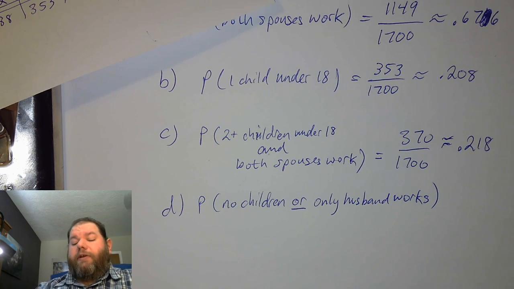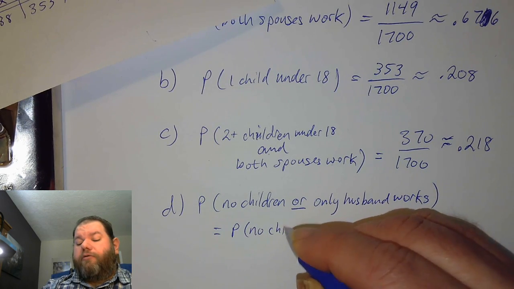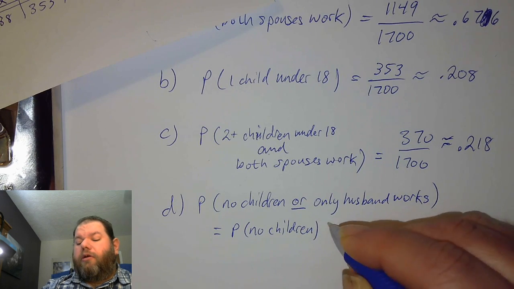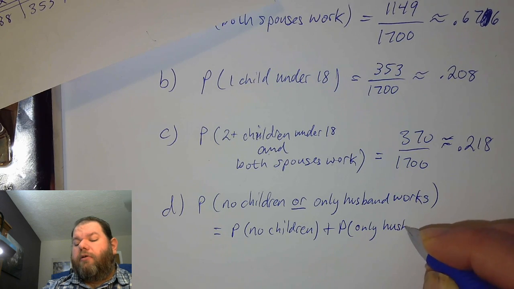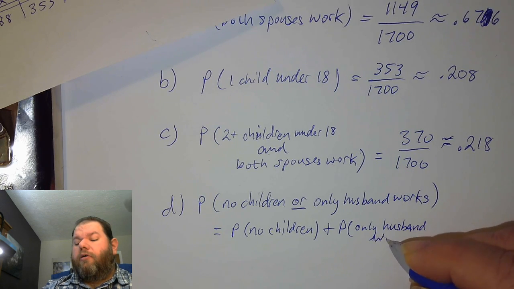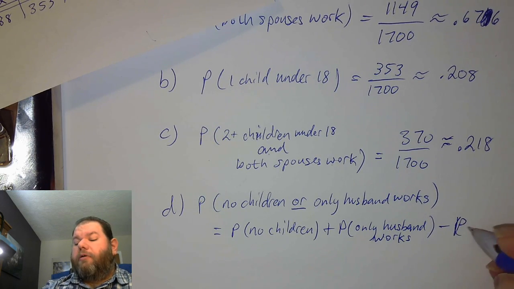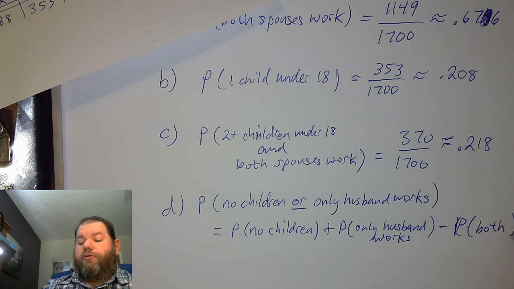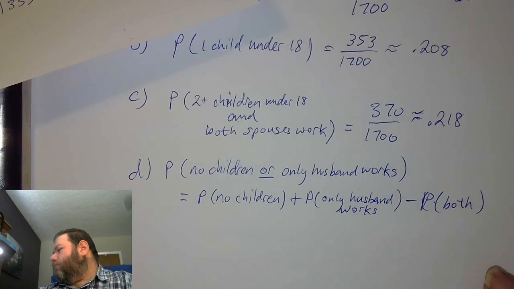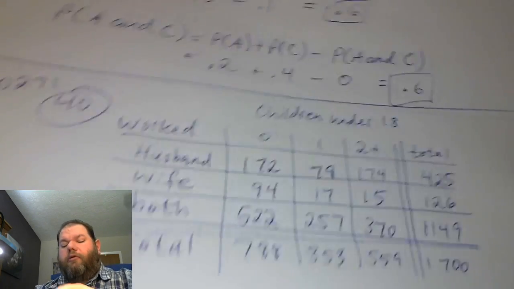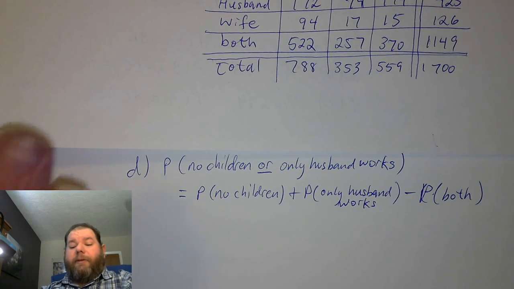And the addition rule says that this will equal the probability that a couple has no children plus the probability where only the husband works, minus the probability of both being true. Again, with an or statement, it has us looking at 3 different things, basically.